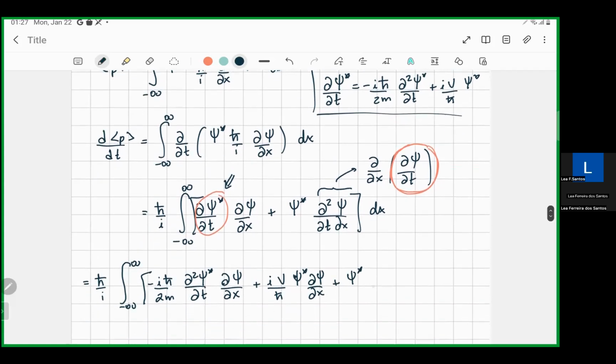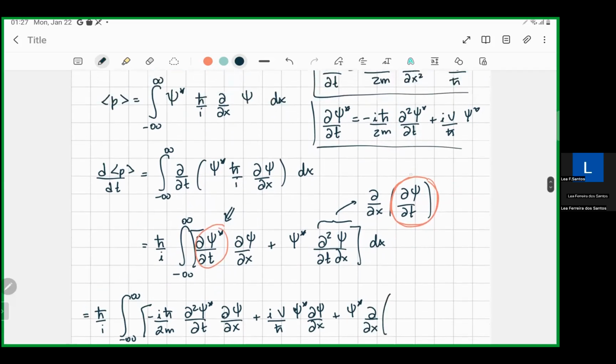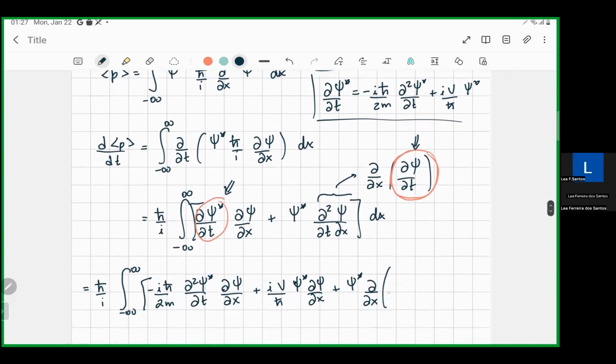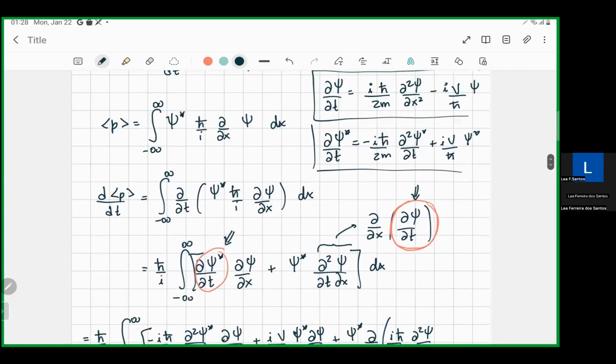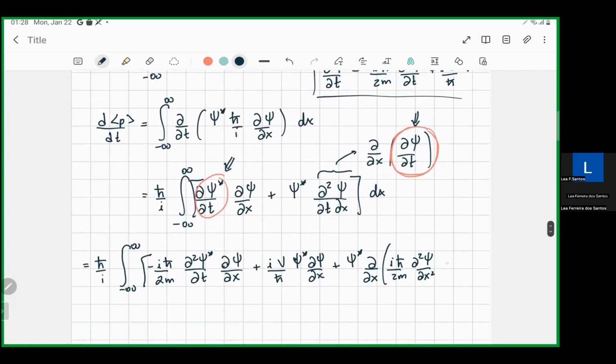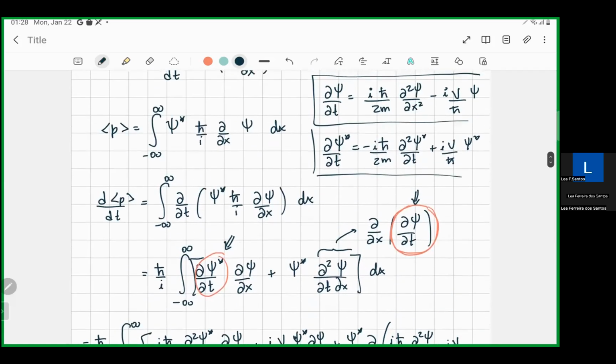We have this derivative in x, so let's put it here. And now let's put everything that corresponds to this term here. So it's going to be i h bar over 2m with that second derivative in x, and then we have minus i V over h bar with the psi.